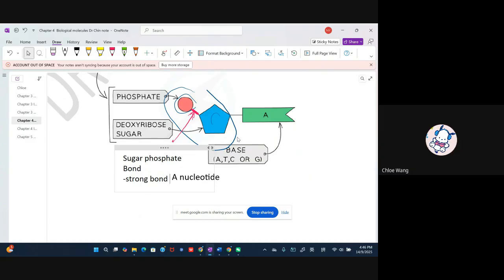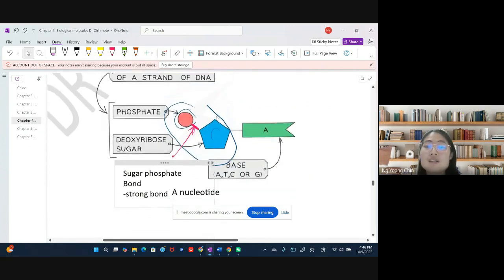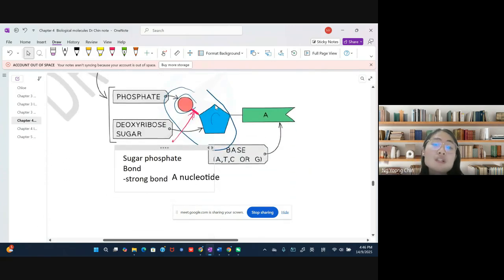Soft. The answer is very hard. If you have a chance to extract your DNA from your body cell, you would find out your DNA is very strong. Why? Because they have the sugar phosphate bond. So it makes the structure very strong and very stable.